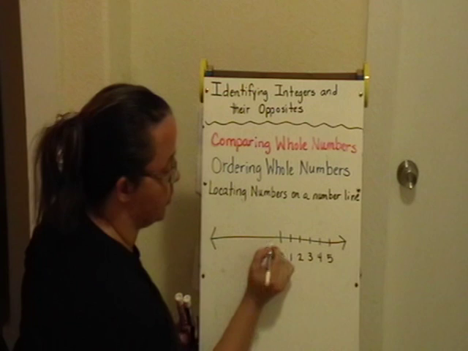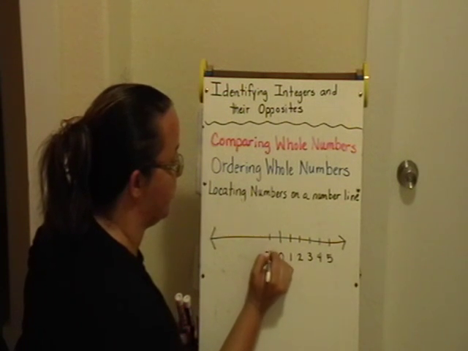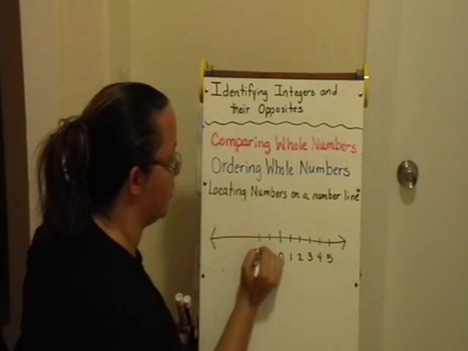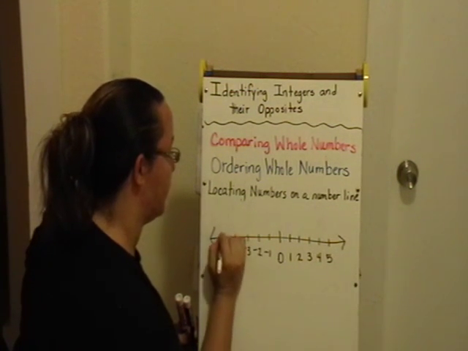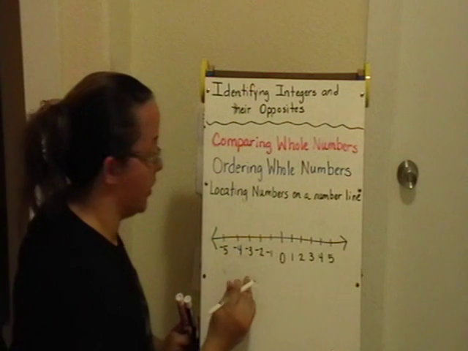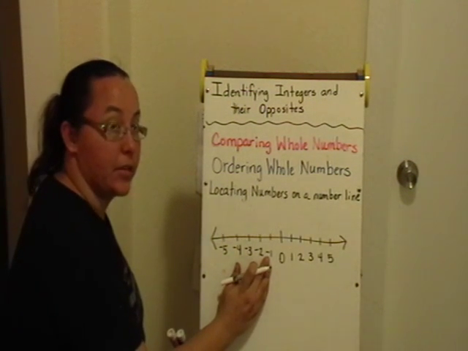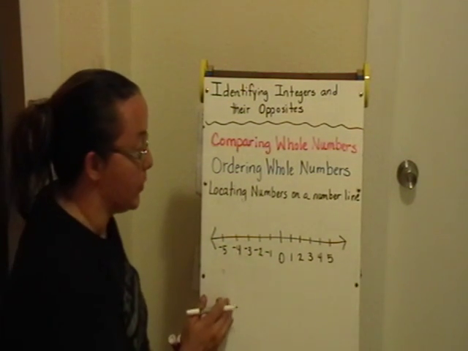And then to the left, we're going to go 1, 2, 3, 4, 5. Notice these numbers have a negative sign. We're going to go over that in just a few moments.